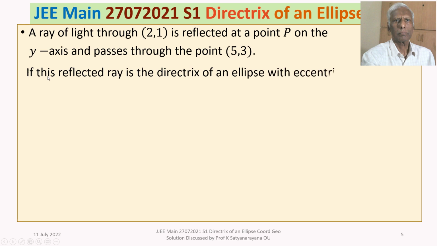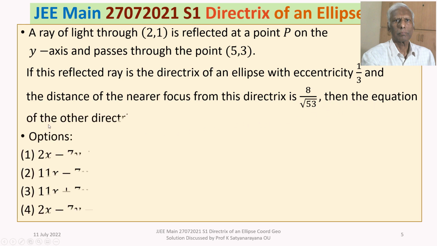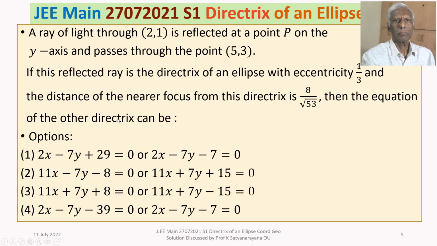If this reflected ray is the directrix of an ellipse with eccentricity 1/3 and the distance of the nearer focus from this directrix is 8 by under the square root of 53, then the equation of the other directrix can be, the four options are given to us.